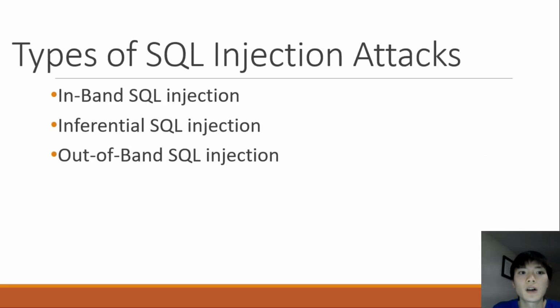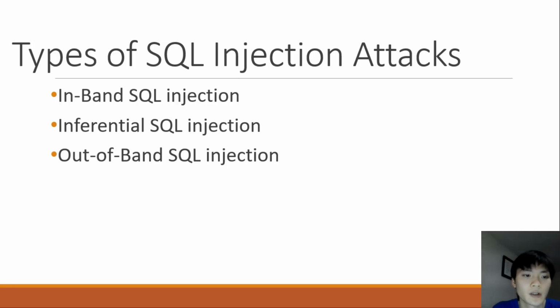And now the types of SQL injection attacks. So we have in-band SQL injection, inferential SQL injection, and out-of-band SQL injection. SQL injection attacks can be categorized into these three main types. The first type is in-band, where attackers use the same channel to send the injection and receive results.